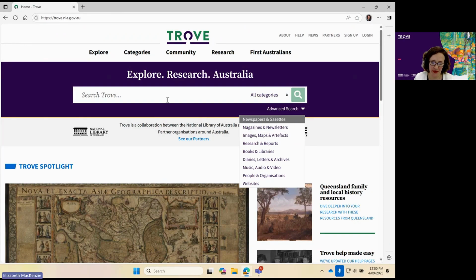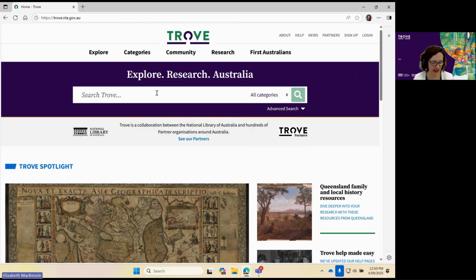So for this search, we're going to use the simple search bar up the top, and we're going to type in independence and Papua New Guinea. This will search for both of these terms occurring individually throughout the items.